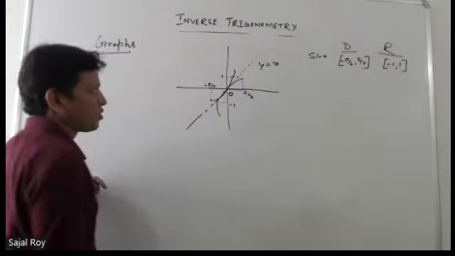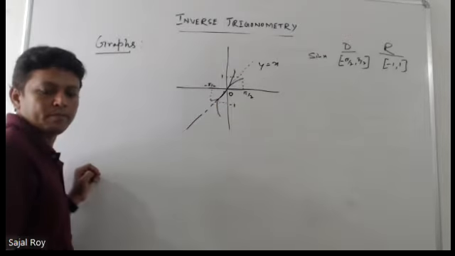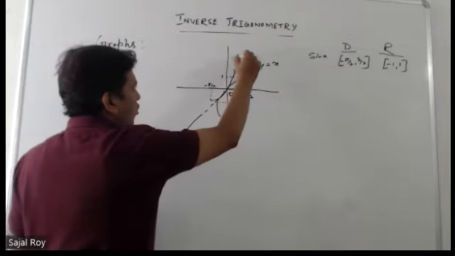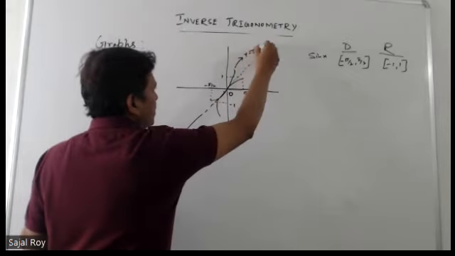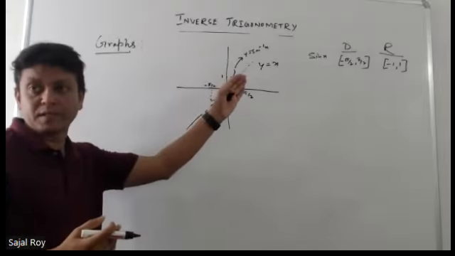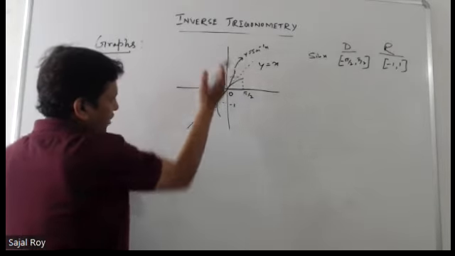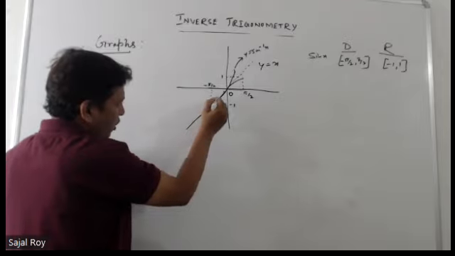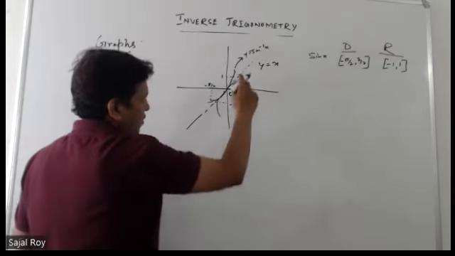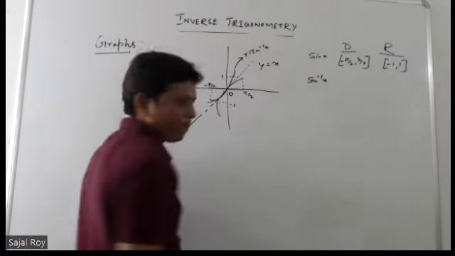You see, this portion is your inverse function. This is your y equal to sin inverse x. It is nothing but the reflection on y equal to x. If you take this portion, you have a reflection on this side. So this is your y equal to sin inverse x.